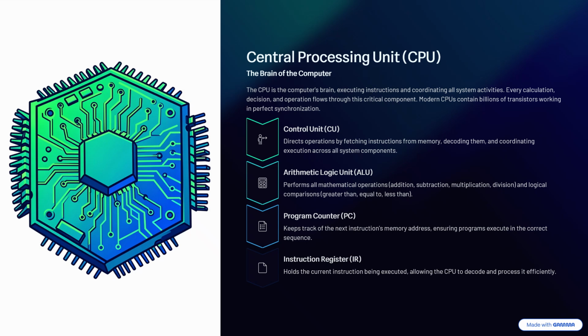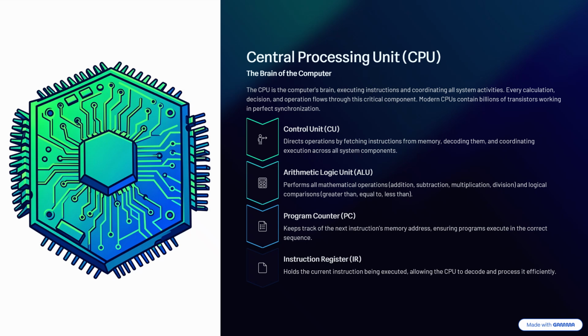First up, we have the control unit, or CU. Think of the CU as a traffic cop or a conductor. It does not do the math itself; instead it fetches instructions from the memory, figures out what they mean, and tells the rest of the computer exactly what to do.